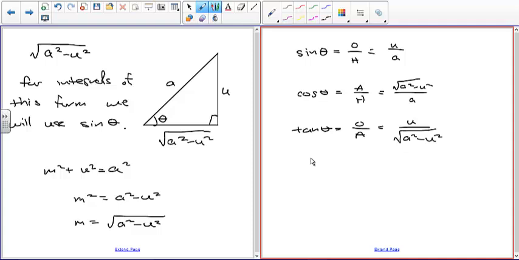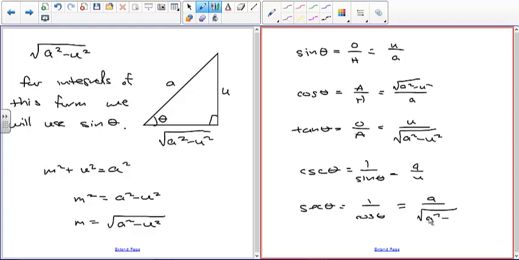And I'm just going to do them all this time, just so you know. The cosecant of theta, which would be 1 over the sine of theta, is just a over u. The secant of theta, which is 1 over the cosine of theta, is a divided by the square root of a squared minus u squared. And the cotangent of theta, which is the adjacent over the opposite, or 1 over the tangent.